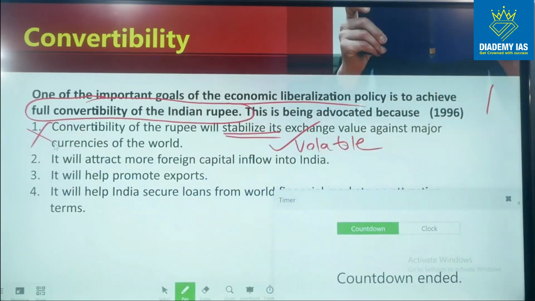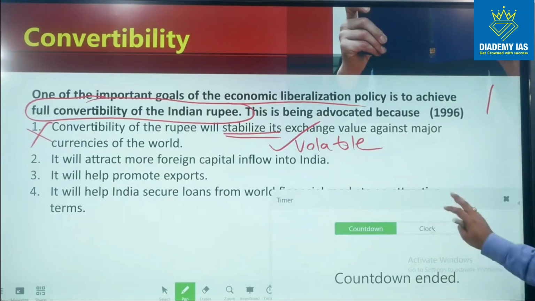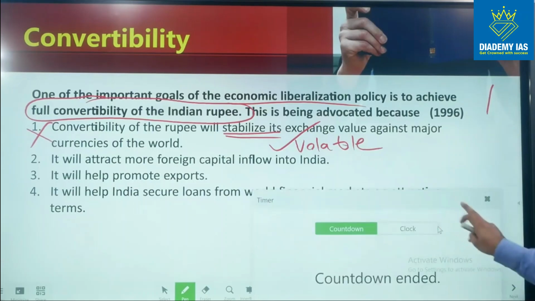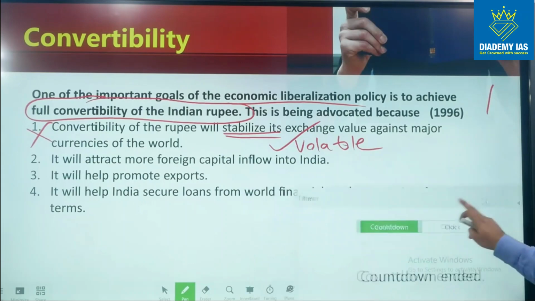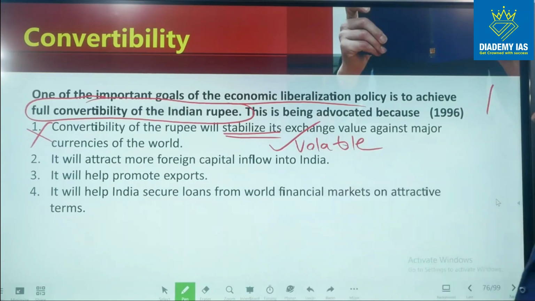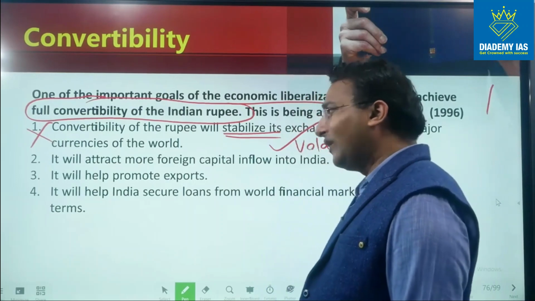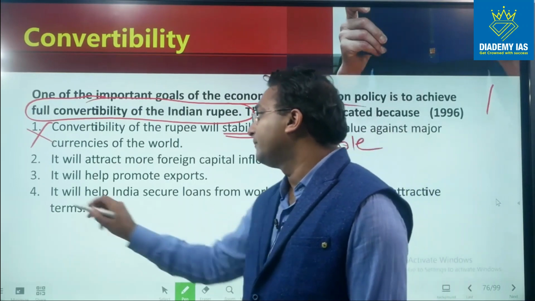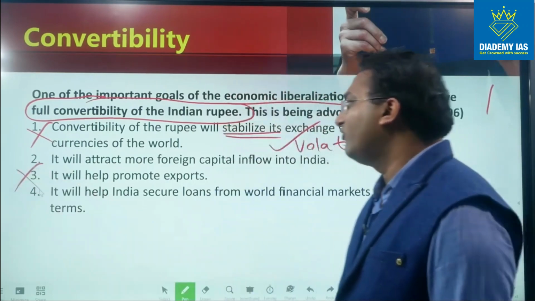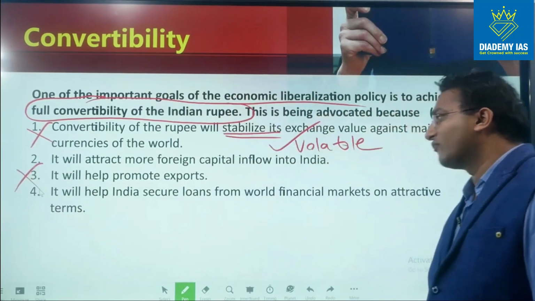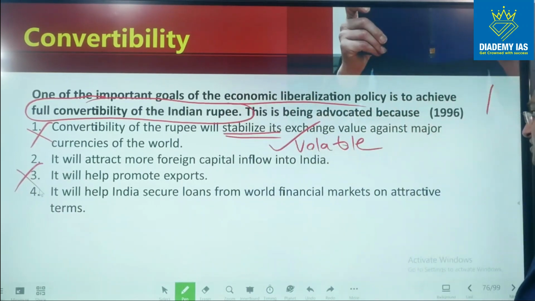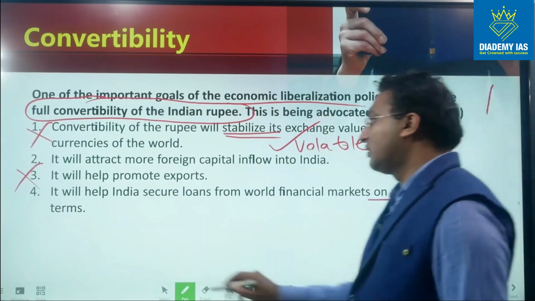Statement 2. It will attract more foreign capital inflow into India. Yeah, this may be correct. Statement 3. It will help promote exports. Not necessarily. Statement 4. It will help India secure loans from world financial markets on attractive terms.